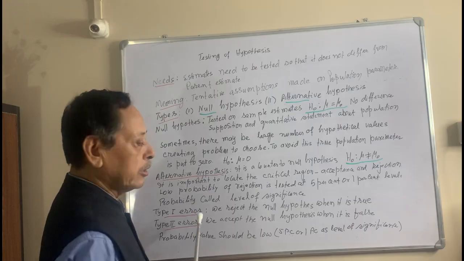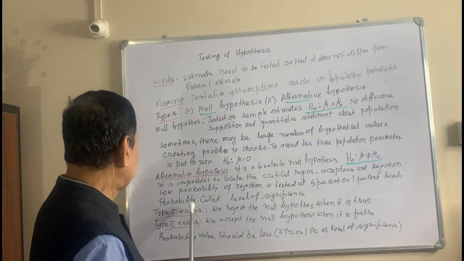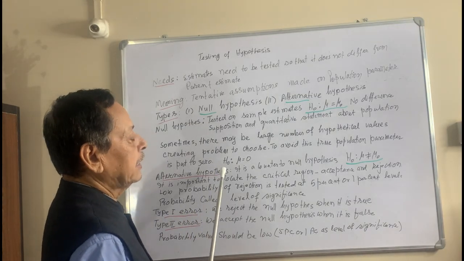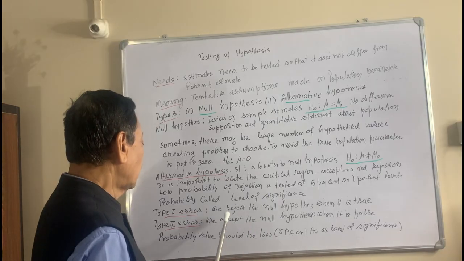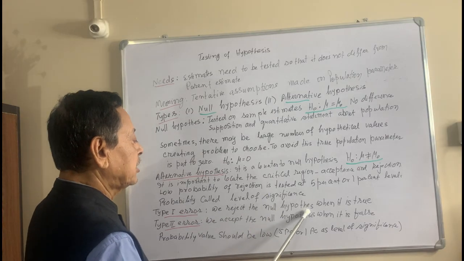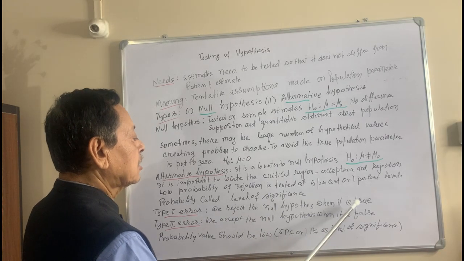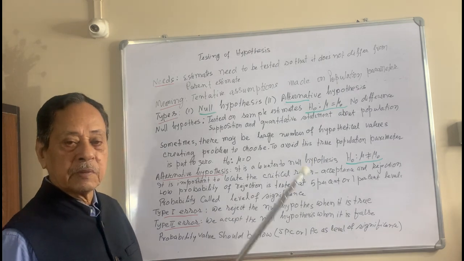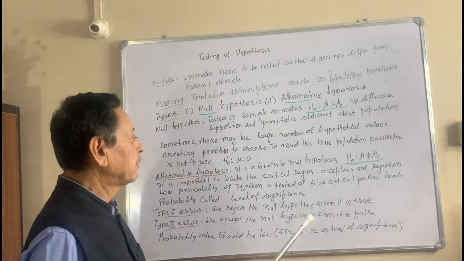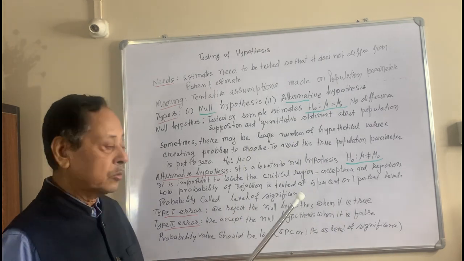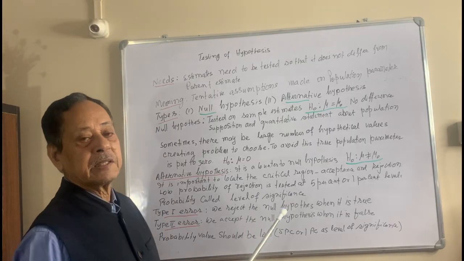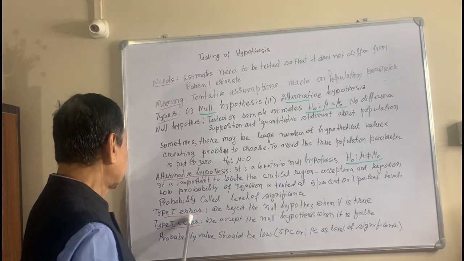Now there are two errors in testing hypothesis, type 1 error and type 2 error. We reject the null hypothesis when it is true. Suppose the null hypothesis is true, we have tested that it is true, but we have rejected it; then it is called type 1 error.